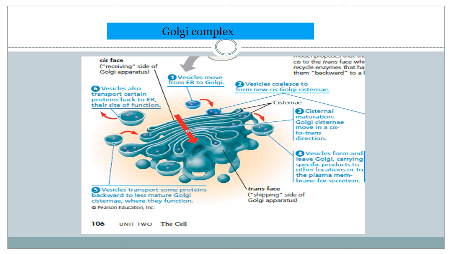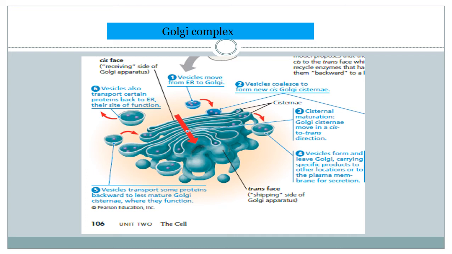Vesicles that bud from the ER can add their membrane and the contents of their lumen to the cis face by fusing with a Golgi membrane, and the trans face gives rise to vesicles that pinch off and travel to other sites. The products of the ER are modified during this transit from the cis region to the trans region of the Golgi apparatus. Now in this diagram you can also see the vesicles that move from the ER to the Golgi, and the vesicles coalesce to form new cis Golgi cisternae.